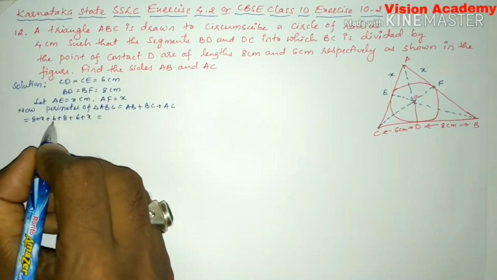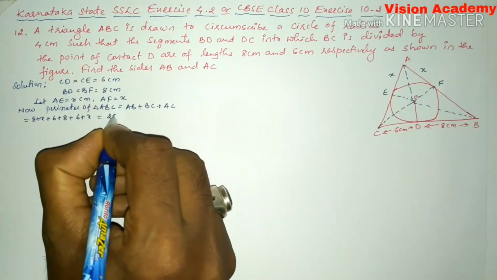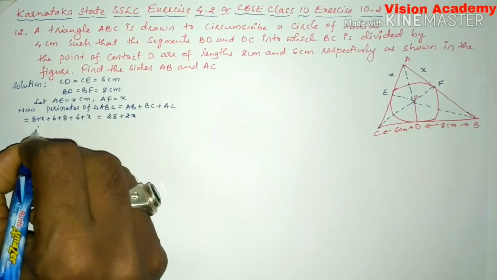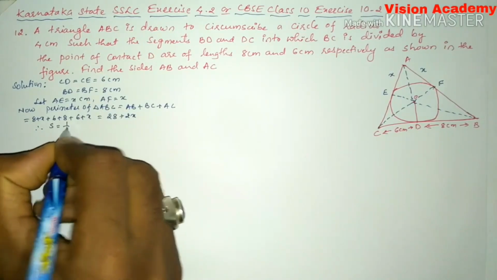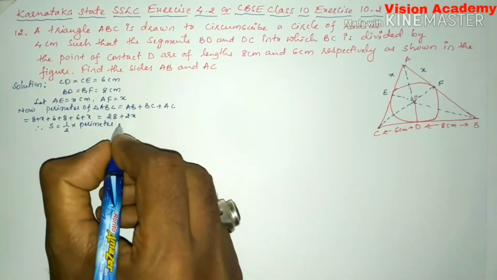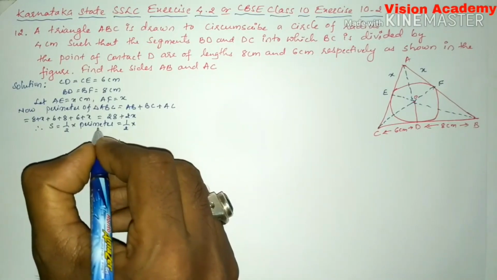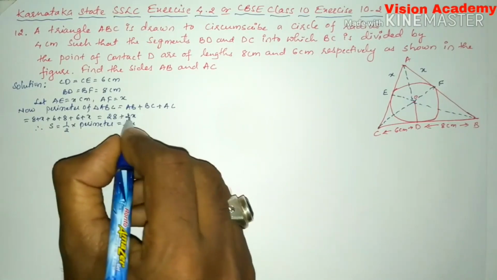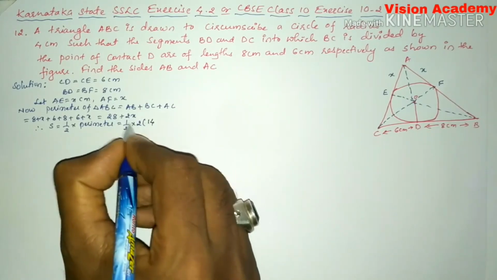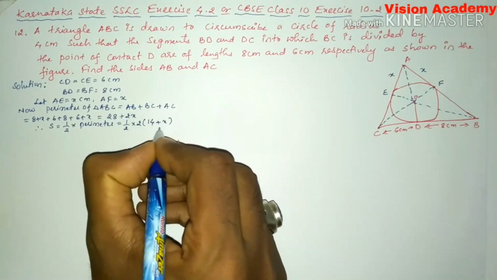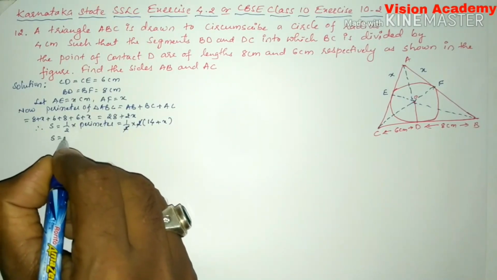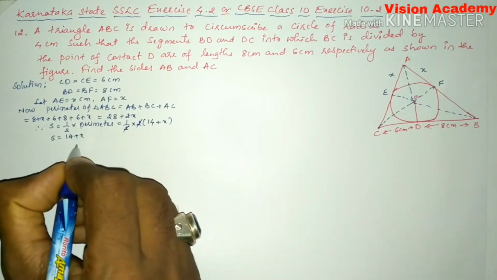Here 8 plus 6 plus 8 plus 6 gives us 28, plus 2x. Therefore semi-perimeter S is equal to half of the perimeter, which gives us 1 by 2 into, if I take 2 common outside, we remain with 14 plus x inside the bracket, this 2 will get cancelled. Therefore S is equal to 14 plus x.